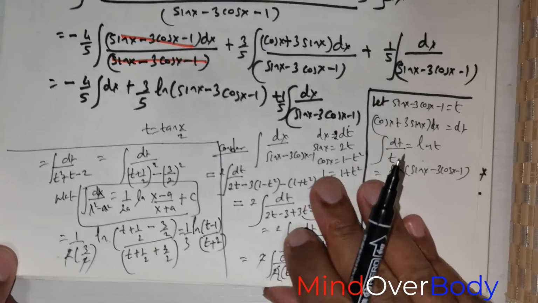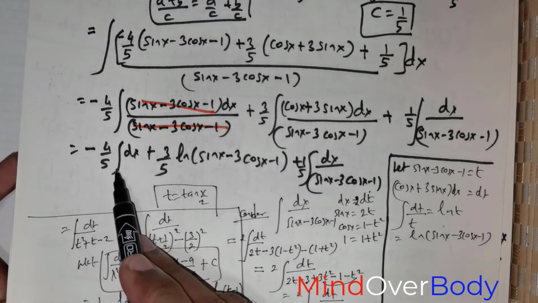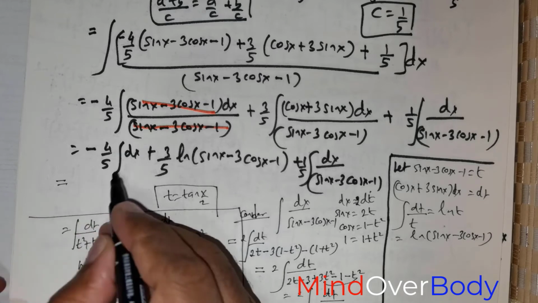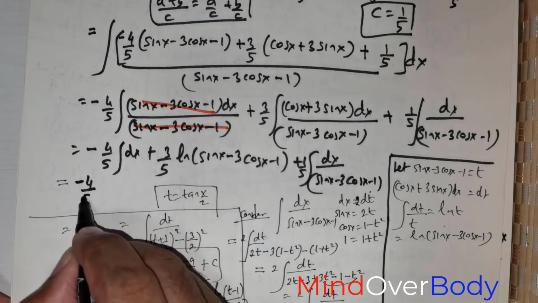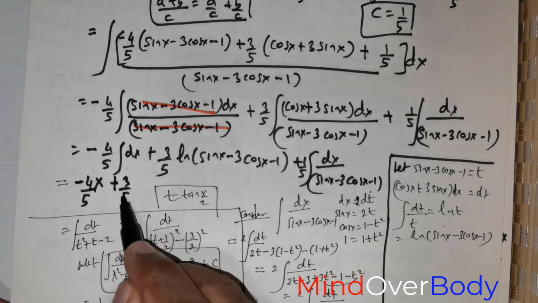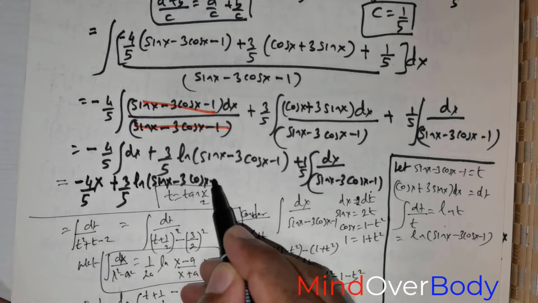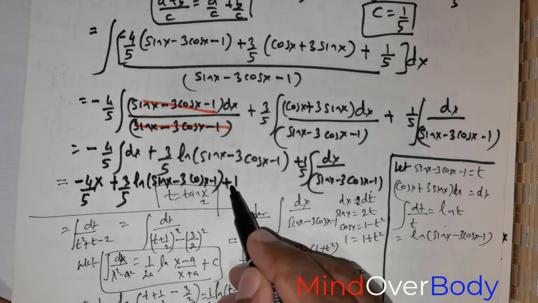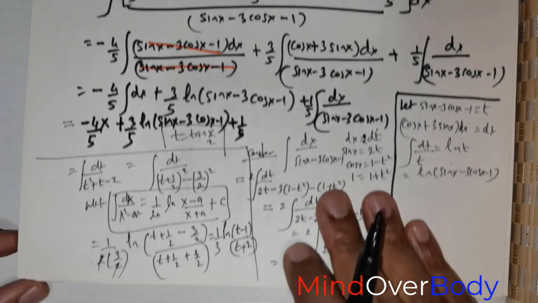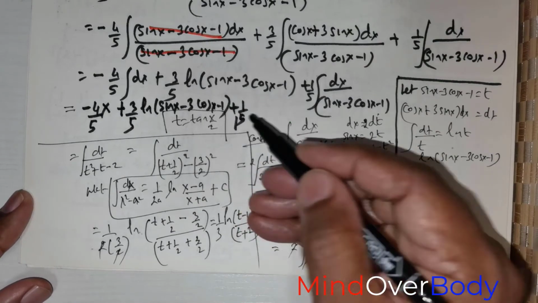So what would be the solution? Let me write the solution over here. Clearly we know that this is equal to minus 4 over 5, the integral of dx is going to give me x. So it's going to be minus 4 over 5 times x, plus 3 over 5 times ln of sin x minus 3 times cos x minus 1, that's fine, plus 1 over 5 times, of course there is a 1 over 3 here, so that multiplied with 1 over 5 would give you 1 over 15.